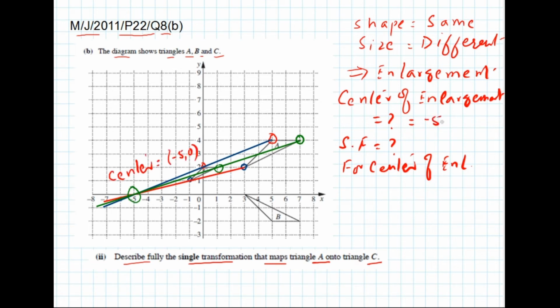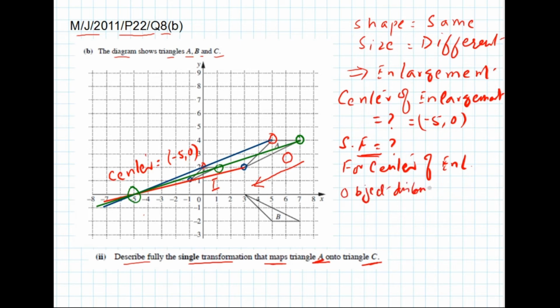Now finding the scale factor as follows. In question, it is given that the triangle A maps onto triangle C. So here triangle A is our object and triangle C is its image, and center is not in the middle but away from both the triangles. So scale factor will be positive.